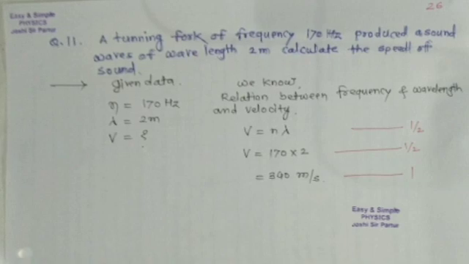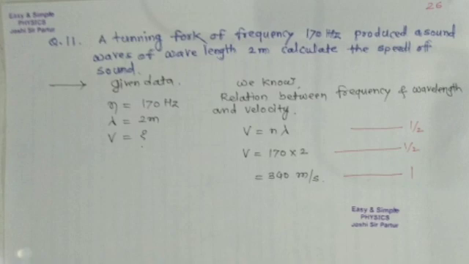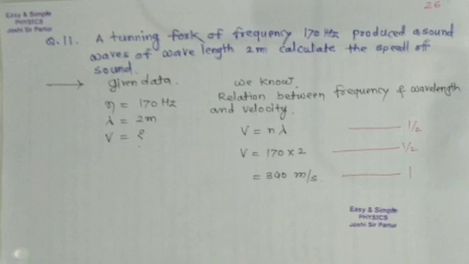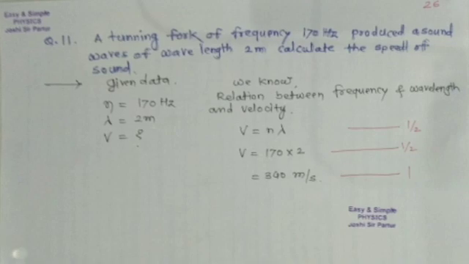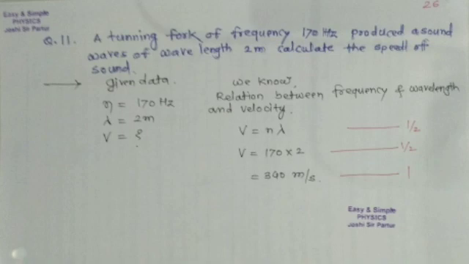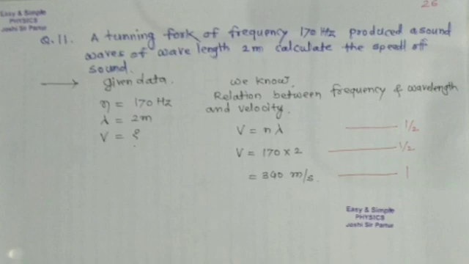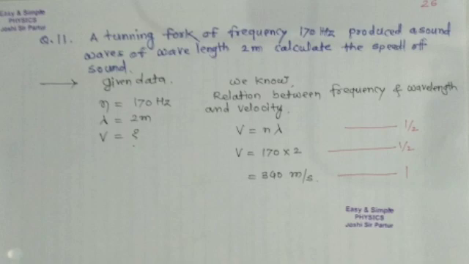Given data, frequency n is equal to 170 Hz, wavelength lambda equal to 2 m, and velocity v equal to question mark. Relation between frequency, wavelength and velocity: V equal to n lambda. So V equal to 170 multiplied by 2. So their product is 340 meter per second.